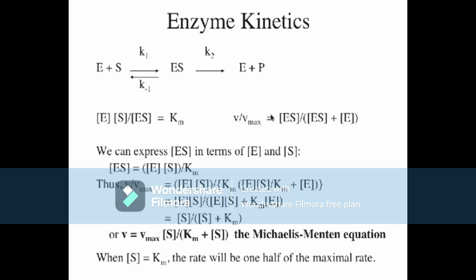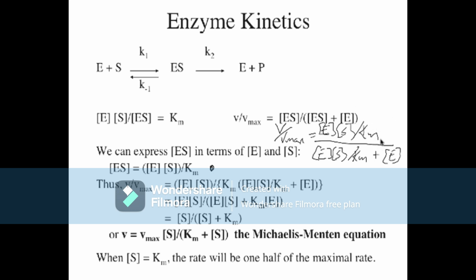All right, so we have now determined that ES equals E times S over Km. Just rewriting this here, okay? So V over Vmax is ES over ES plus E. So E times S over Km, over that, again, E times S over Km plus E. Hopefully you realize E's are going to cancel out now.